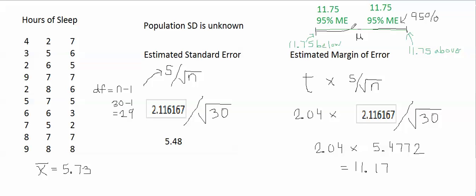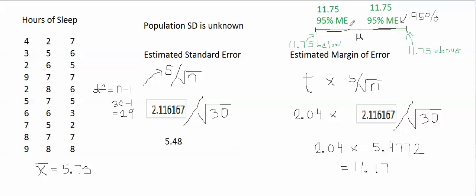around the population percentage. So if the sample percentage came out to 20% and the 95% margin of error came out to 5%, then that would mean that this lower boundary is 5% below and this upper boundary is 5% above.